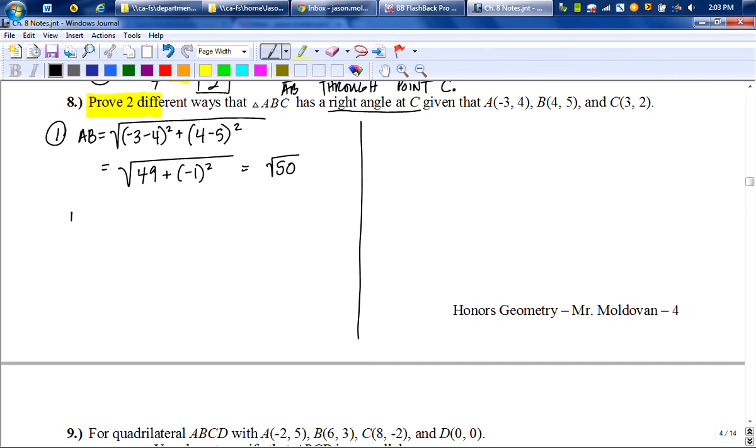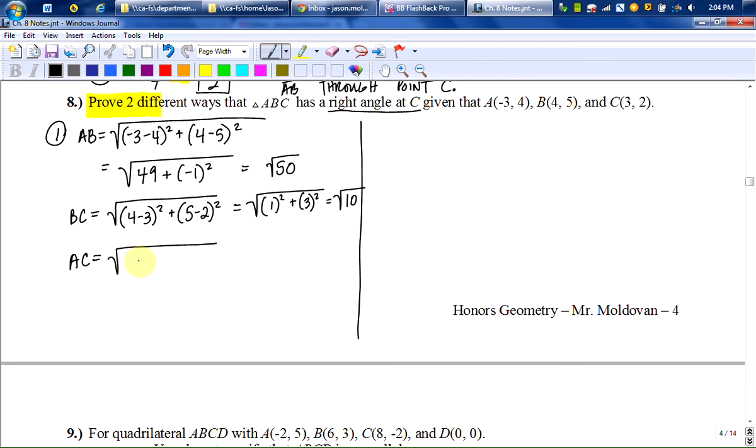And because I'm already anticipating that I'm going to have to use the Pythagorean Theorem, I'm not going to bother simplifying that, because my final answer isn't the distances. And I'm on to the last side.